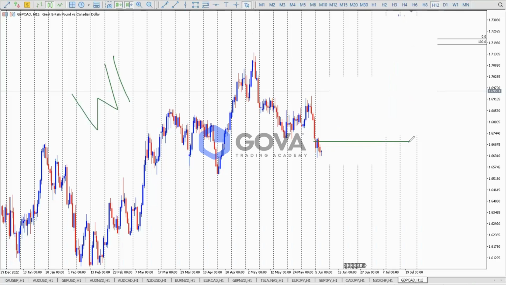No, it doesn't make sense, because I can clearly see that this is a psychological level for buyers. So if market price happens to come back to my zone, to my proximal line and distal line, I shouldn't expect market price to sell. I should expect market price to start going up, because this area is a psychological level for buyers.